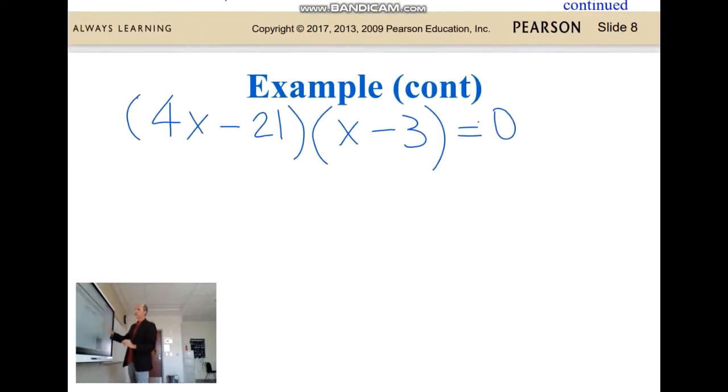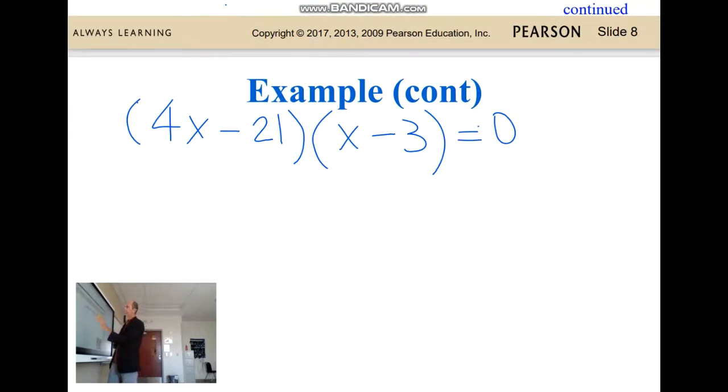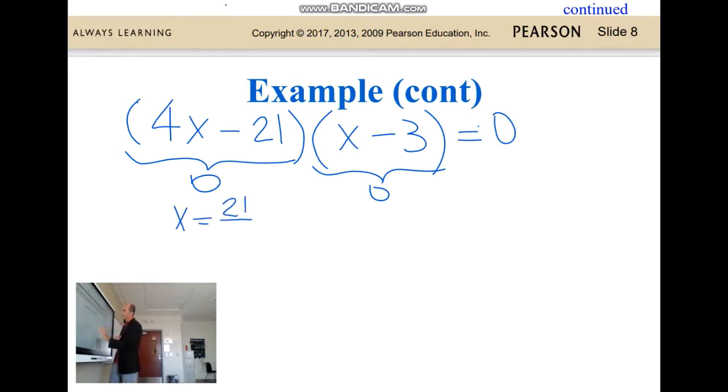And the solution for this kind of multiplication is for each one to be equal to 0. So for 4x minus 21 equals 0, x equals 21 over 4.